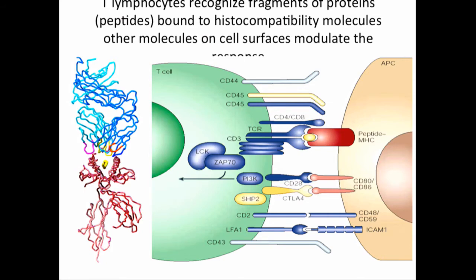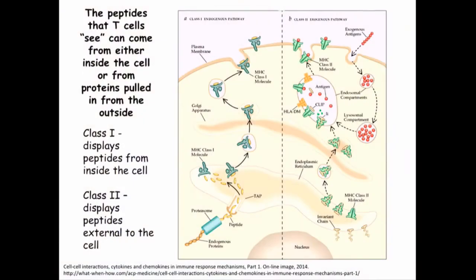Between cells, which I can barely see, you can see a representation of a T cell receptor recognizing a particular peptide MHC. There are other complications, including that we have ways of looking at peptides that are made within a cell and peptides that come from proteins outside the cell.